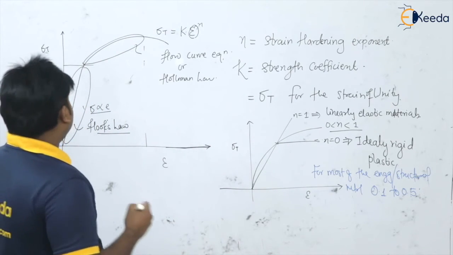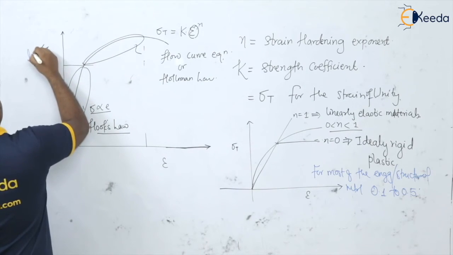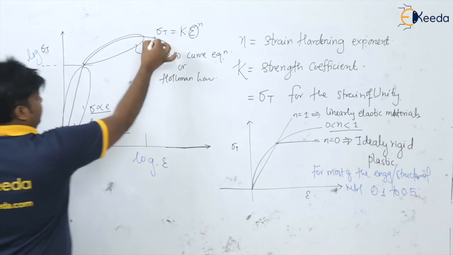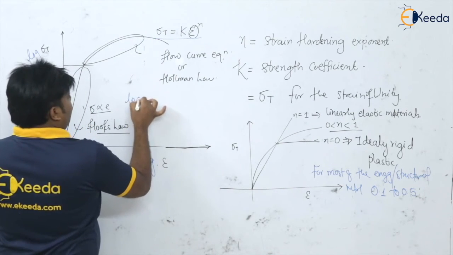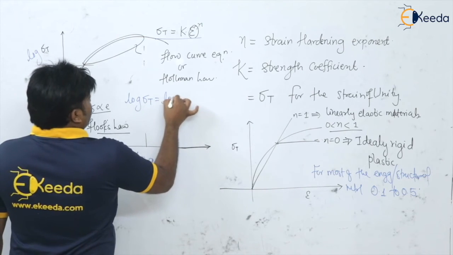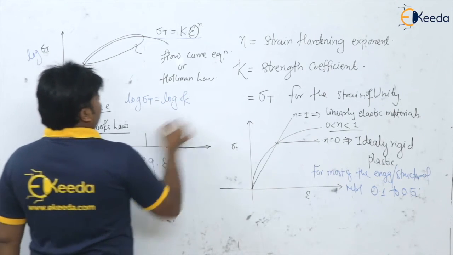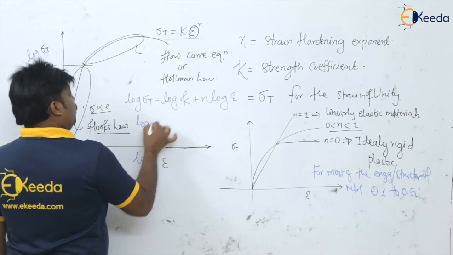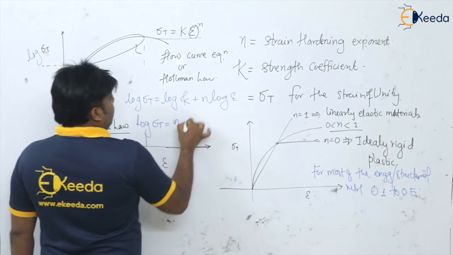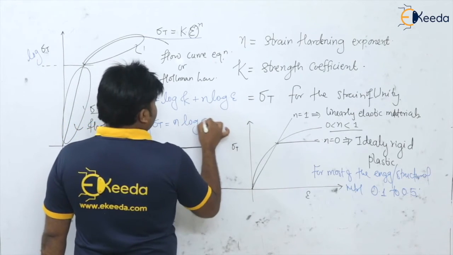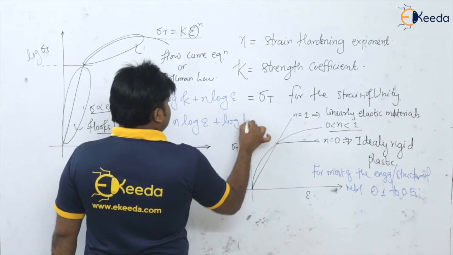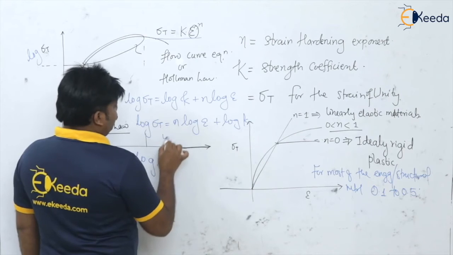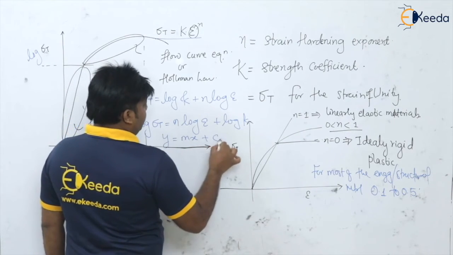Now suppose I plot this graph on log paper, what can I get here? If I take the log of this, log of sigma t is equal to log of k plus n log of epsilon. I can write it like this: log of sigma t is equal to n log of epsilon plus log k. Isn't it the same as the straight line, y is equal to mx plus c? Yes.